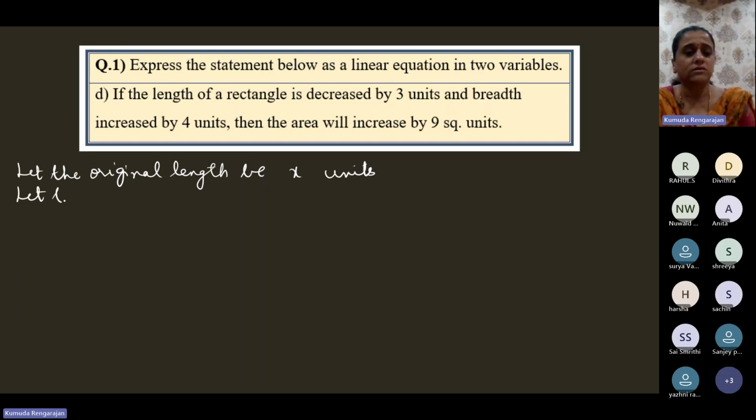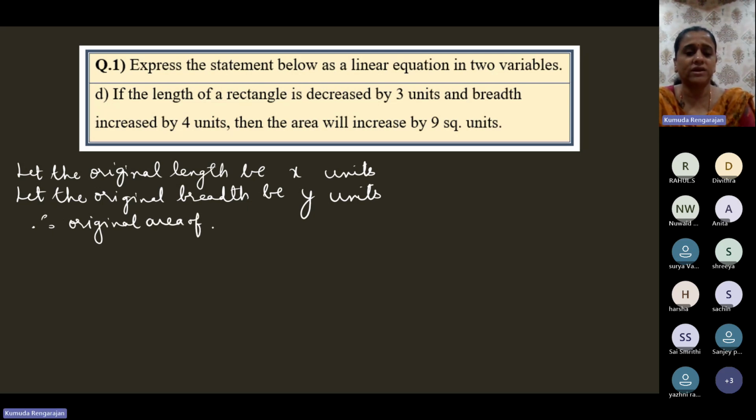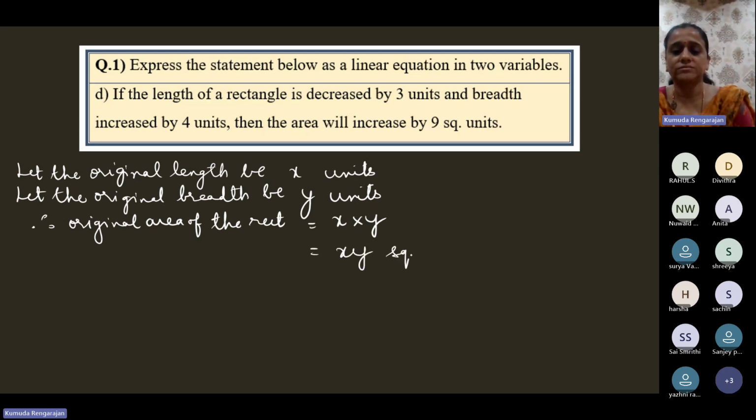Let the original breadth be Y units. Therefore, the original area of the rectangle is equal to X into Y, L into B, right? L into B or X into Y square units. So XY square units.